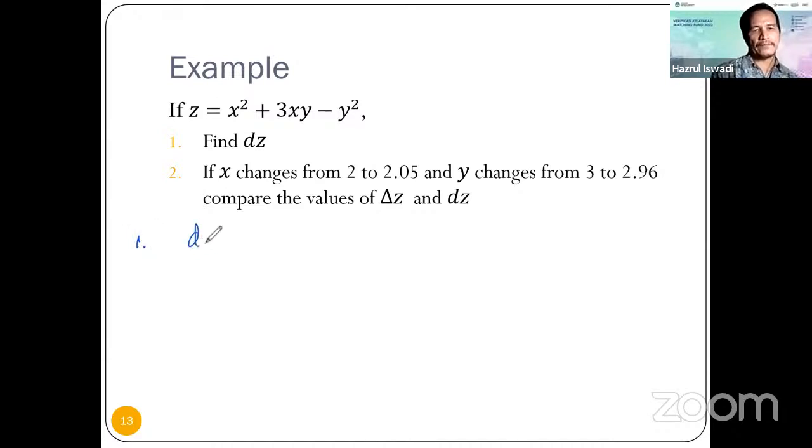Let's try to solve number one. The formula says that dz is equal to zx dx plus zy dy.